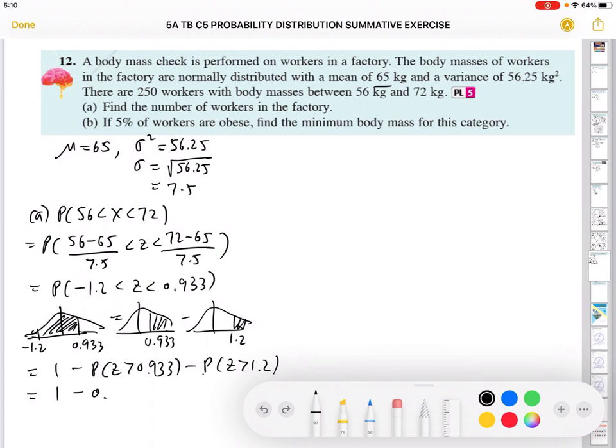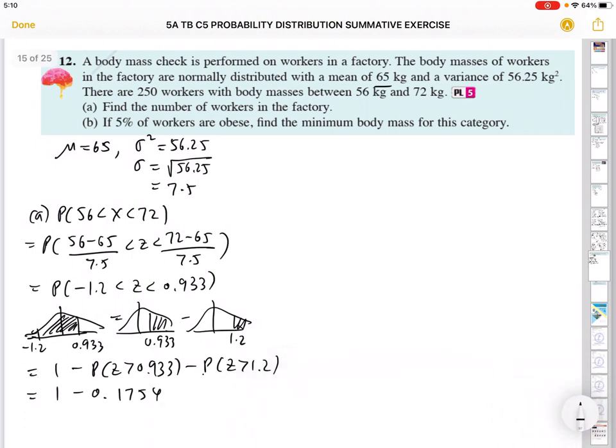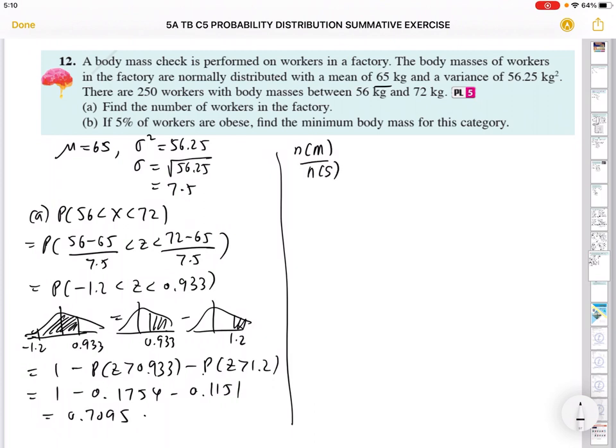Okay, but this is just a probability. I want to find number of workers, right? So number of workers with this certain mass, I'm just using short form, certain mass is m, divided by size of your sample space, gives us the probability of worker with this mass. Now, my number of workers with this mass is 250. My sample space, I don't know. My probability is 0.7095.